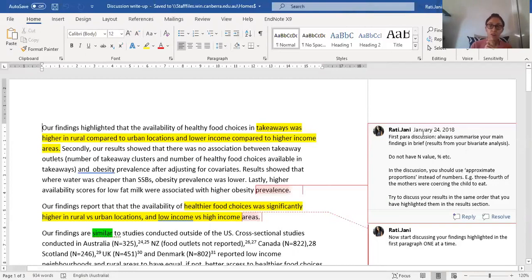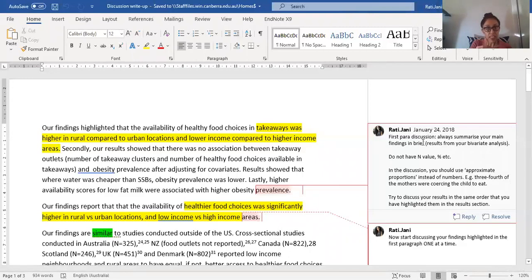Now, the first thing which I have written over here, for instance, is that the very first paragraph of your discussion section, and this is what was there in my epidemiology slides, which I had shared with you informally, always summarizes your main findings. What are the main findings for the nutrition education session which you are covering?